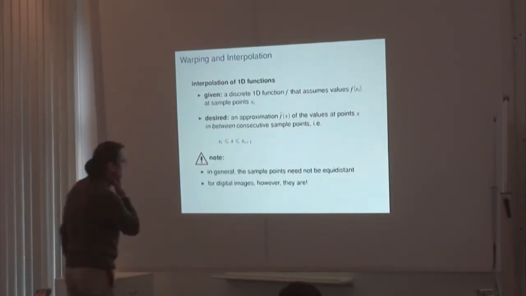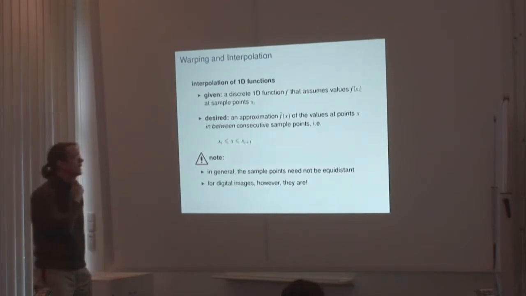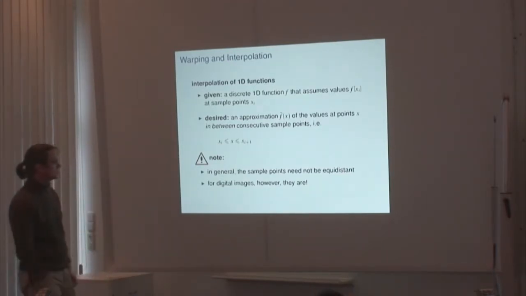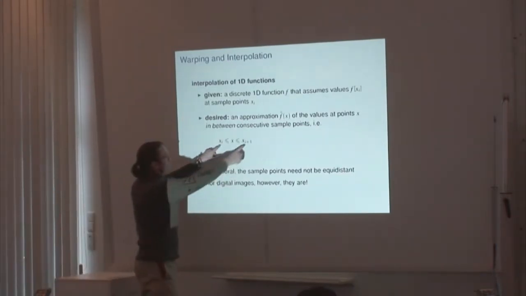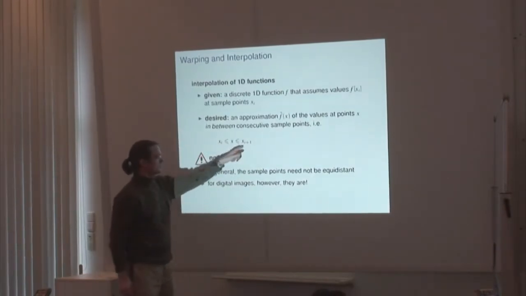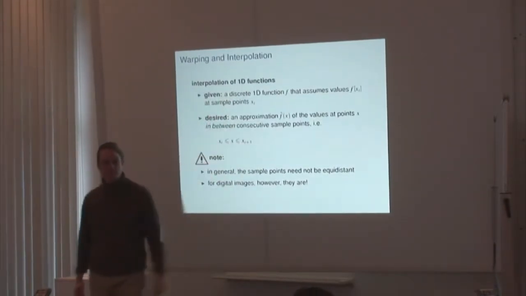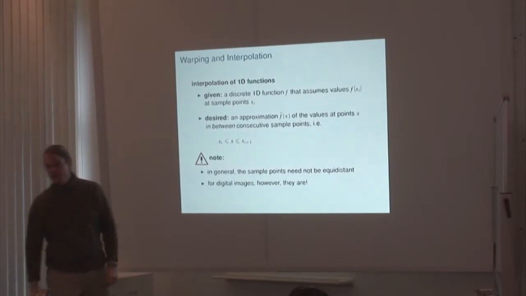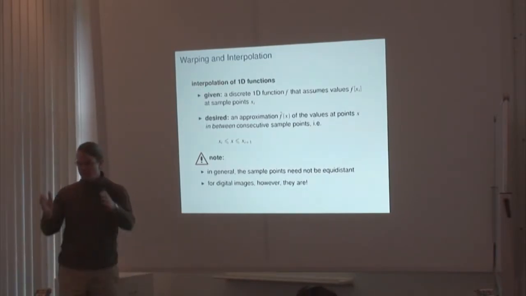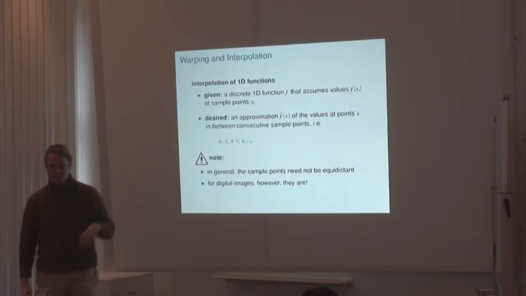And before we continue, I'm already saying that, in general, these points, like say x1, x2, x3, x4, x5, they don't have to be equidistant. That is, the distance between any 2 such points may be some arbitrary number, 2, 15.5.